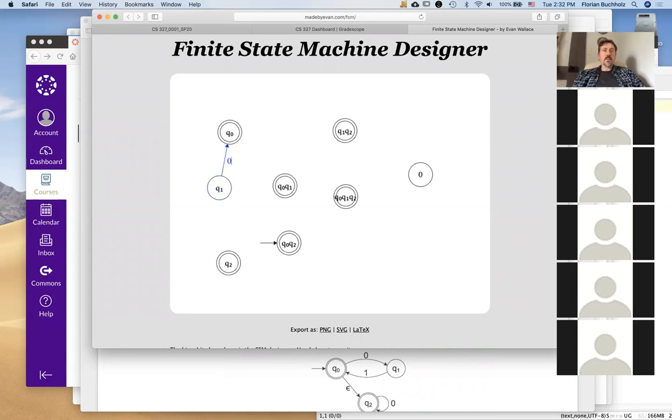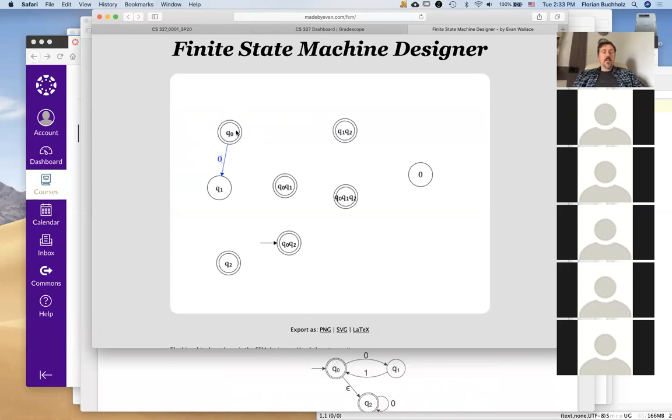So on a 0, we transition to Q1 from here. We also need a transition on 1, but there is no transition on a 1 here.